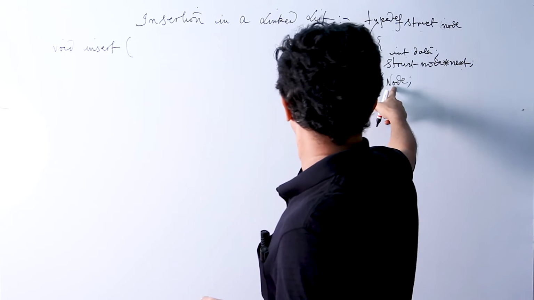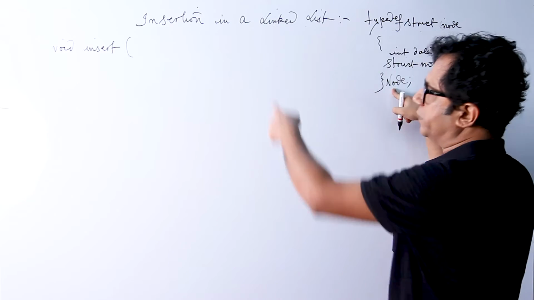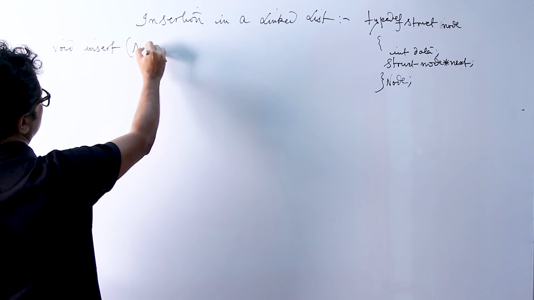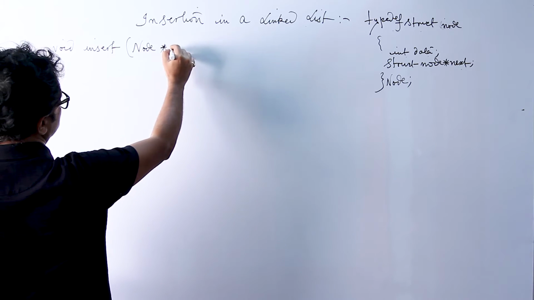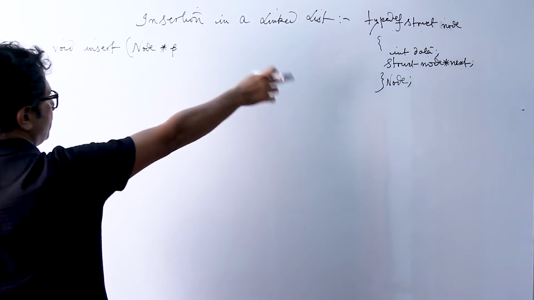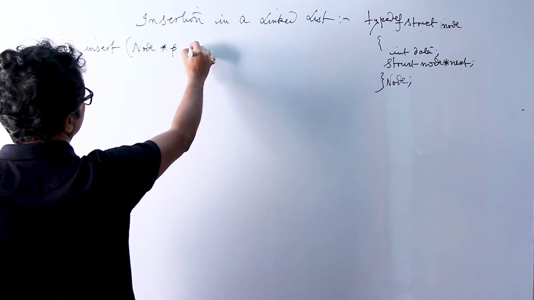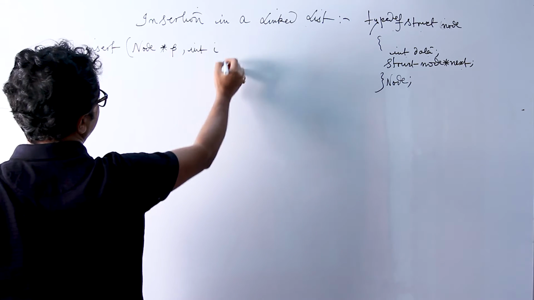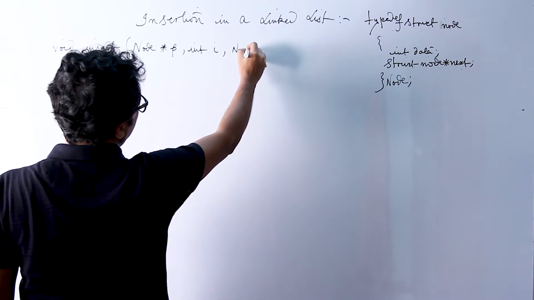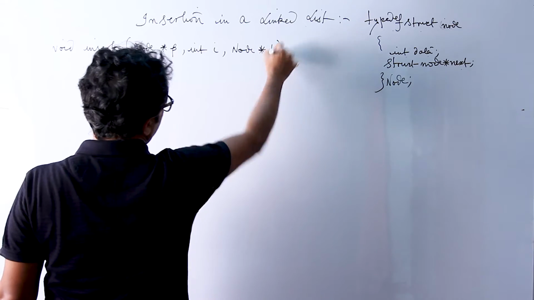Now I am going to take this sort of pointer in the argument as node star p, p is the pointer to the type node, then I take int i, and then I take node star t.